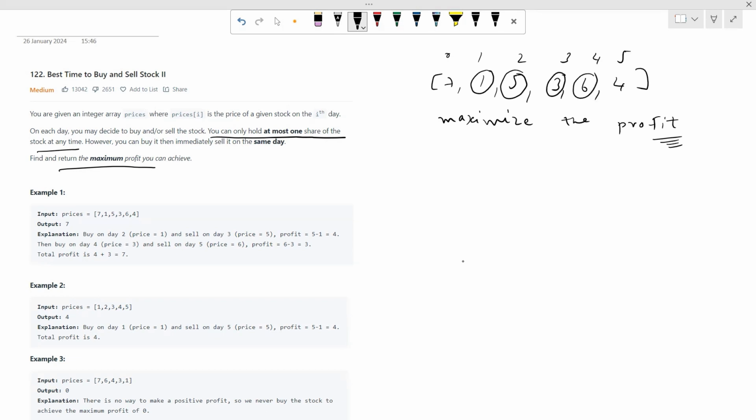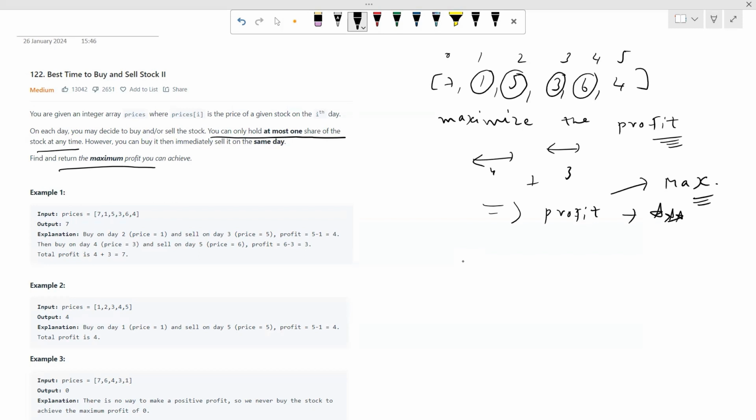Then what will be the total profit? It will be 6 minus 3 equal to 3, and 5 minus 1 equal to 4. So we'll just add all of these profits and try to find the profit which will be maximum.